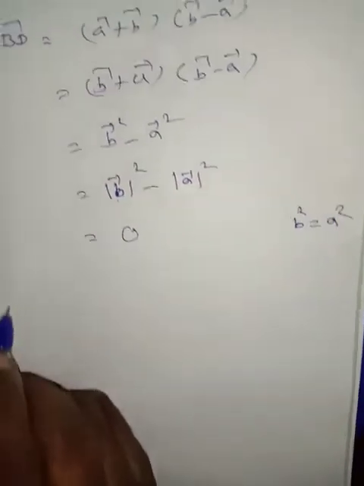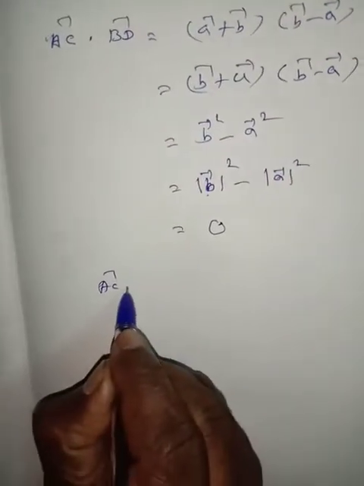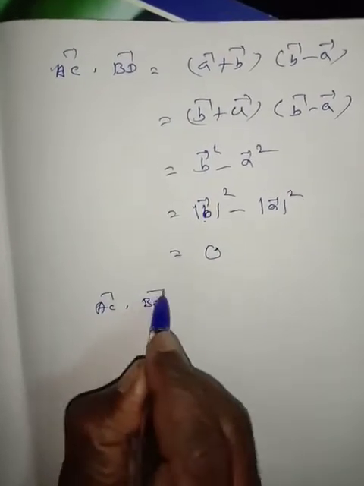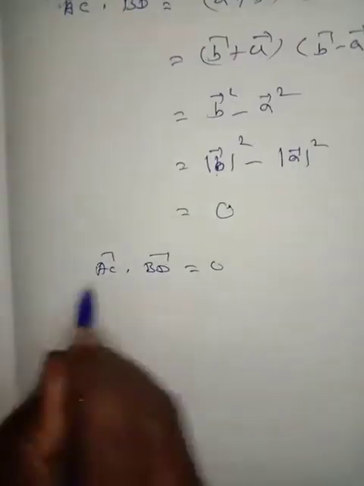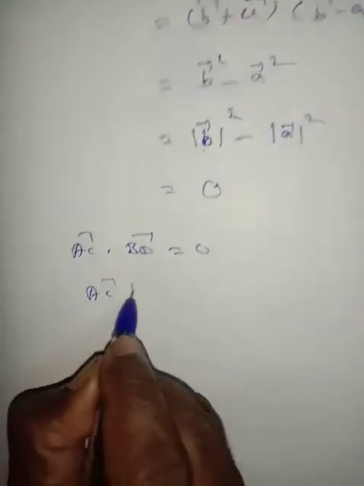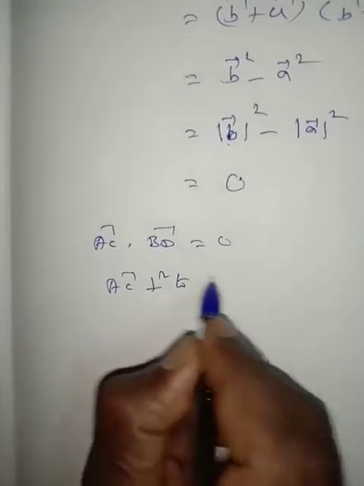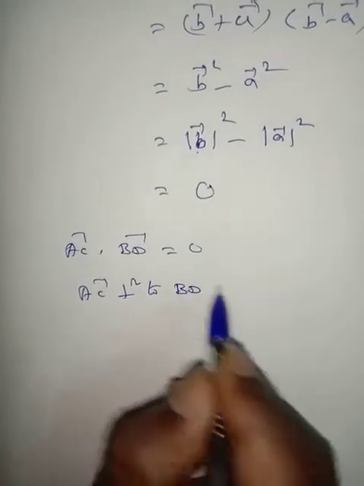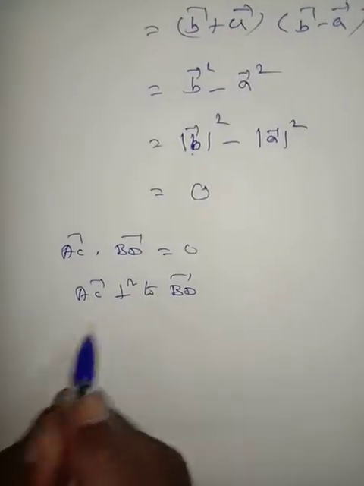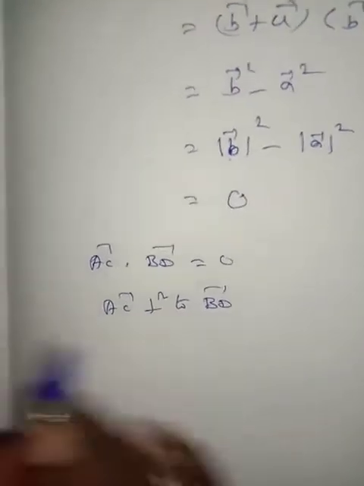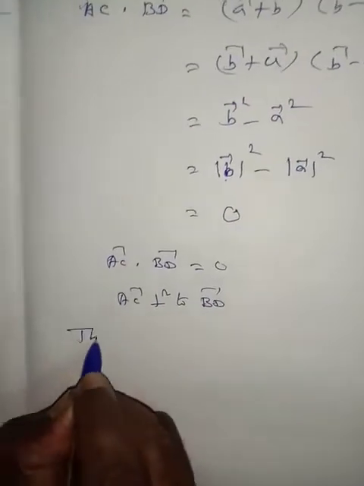Now, AC vector dot BD vector is 0, means AC vector is perpendicular to BD vector. This means the two diagonals AC and BD are perpendicular to each other.